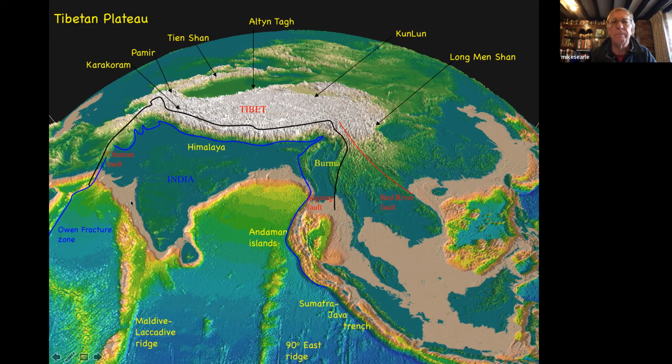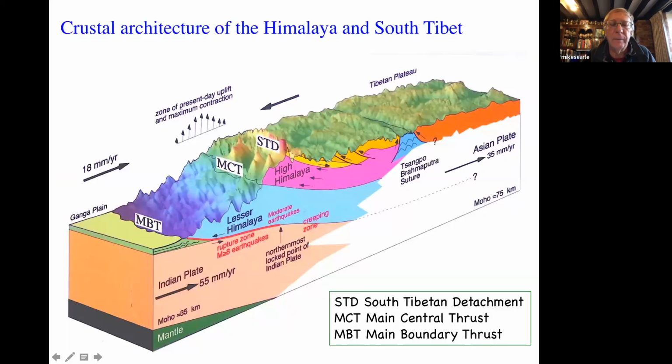So here's a simplified sketch map of the Himalayas showing the major structural boundaries. The suture zone is here, variously called the Indus-Tsangpo or the Tsangpo-Brahmaputra suture. The southern margin of Asia was largely Andean-type granites, subduction-related granites. The upper crust of the Indian plate is this yellow sequence here, which is the Cambrian to Phanerozoic sedimentary rocks that form the passive continental margin of India.